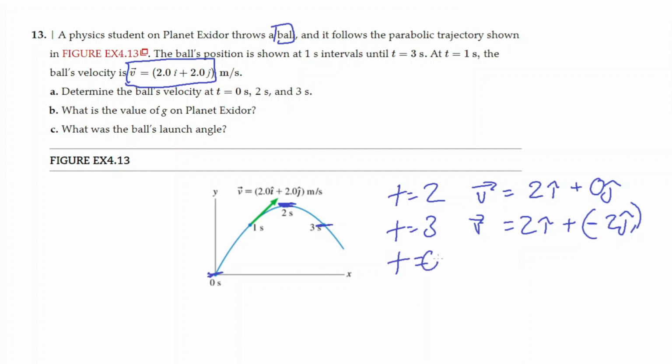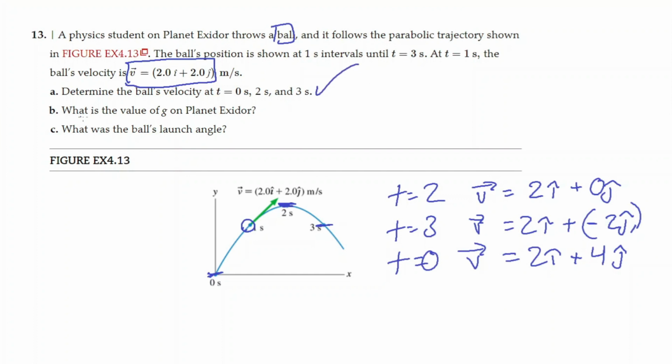So again, we just do the same thing. Our x component is going to be 2 again, plus we want to add 2 to the y component because the y component decreases for every second that passes. So our y component is going to be 4j. And that is going to be it for A.